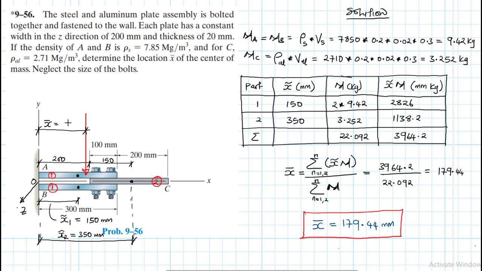What's the value of this total mass? This total mass is 22.092 kg, and then this position is x bar equal to 179.44 millimeters.